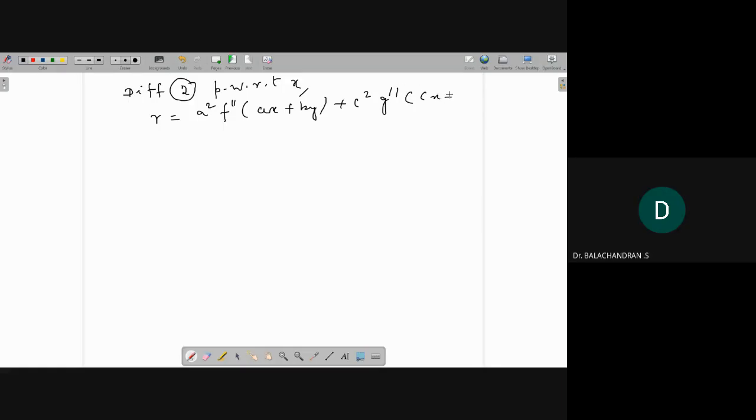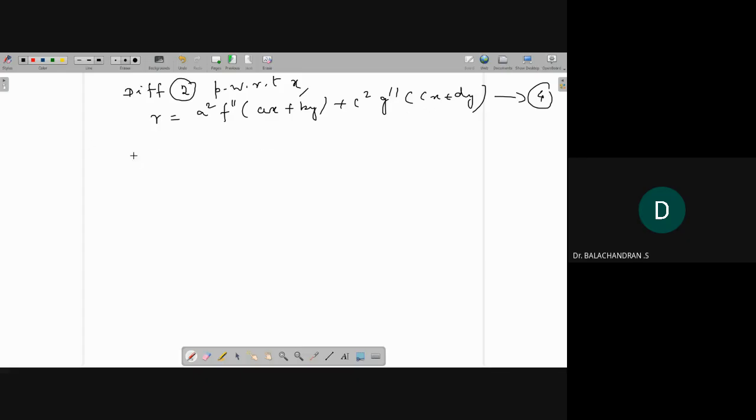Okay, thank you. Good. Okay, this is equation 4. So r equal to a square into f double dash of ax plus by plus c square into g double dash of cx plus dy.